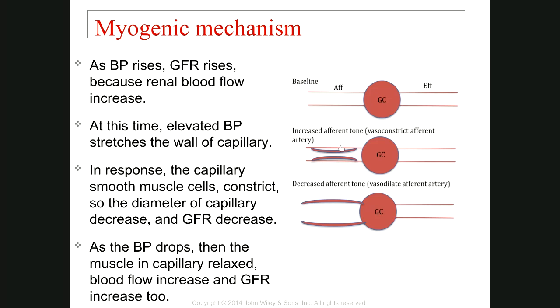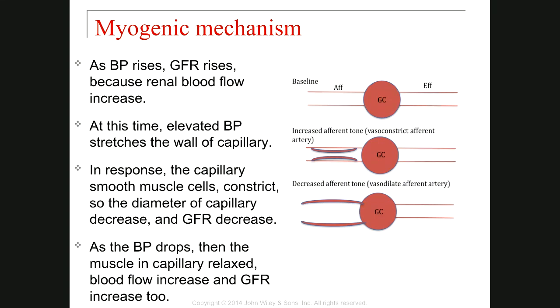When we have a stretch in the wall of the capillary, the response is constriction, as you see here. The afferent arteriole constricts and the amount of blood coming to the glomerular capillary decreases. In the previous pictures, I told you that when the blood pressure goes up, the glomerular filtration rate increases.